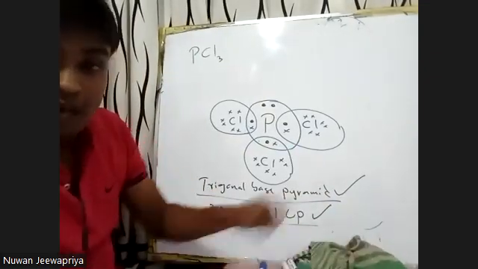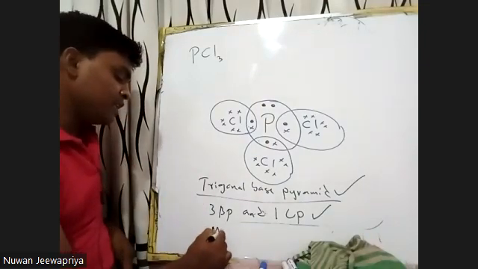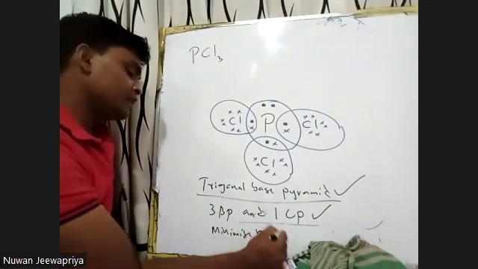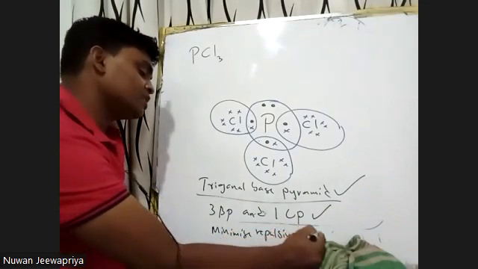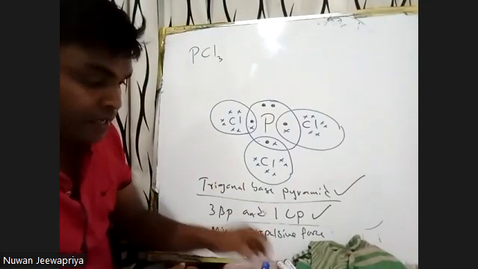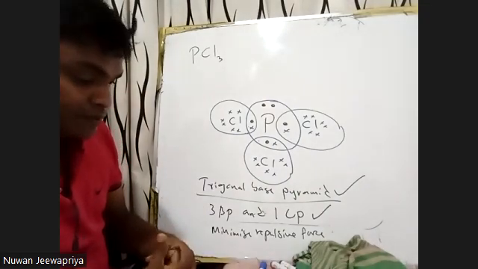Therefore, to minimize the repulsive force, that's the next point. That is why the trigonal base pyramid shape comes. The third point is to minimize the repulsive force.